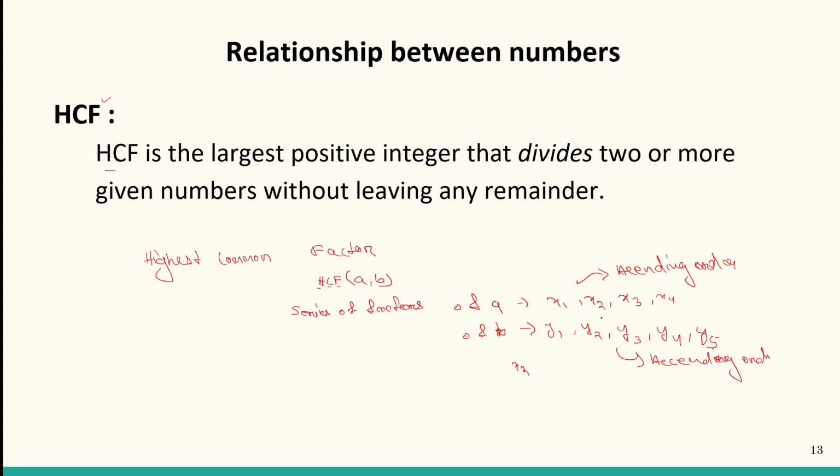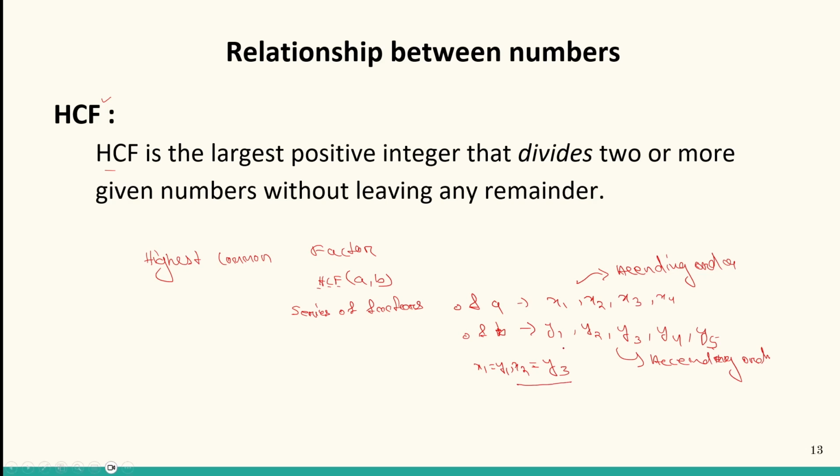So basically x2 is less than x3 is less than x4, and y1 is less than y2 is less than y3 is less than y4 is less than y5, and let's say x2 is equal to y3, and x1 is equal to y1. Then the HCF of A and B is x2 or y3, because both are the same.